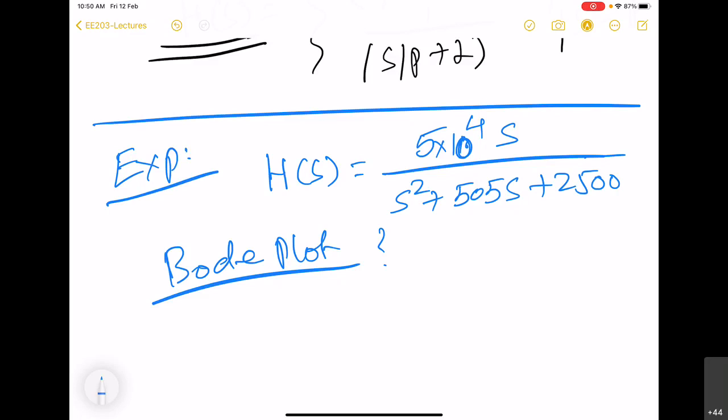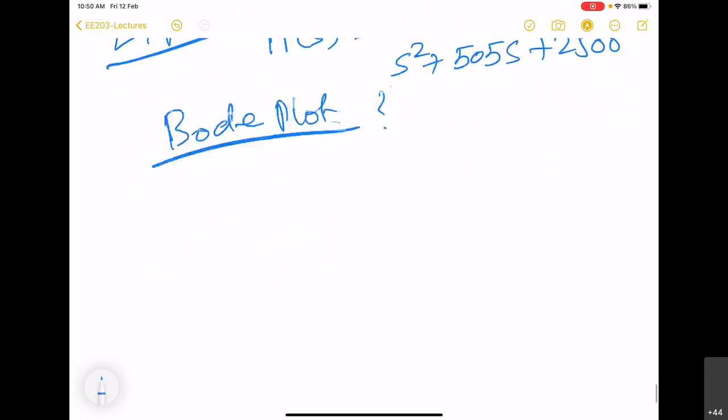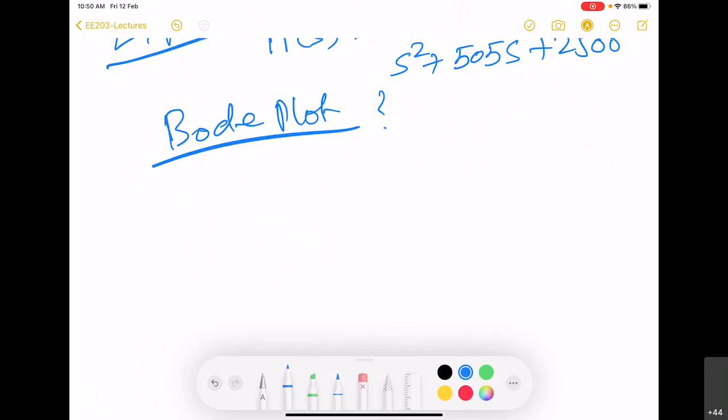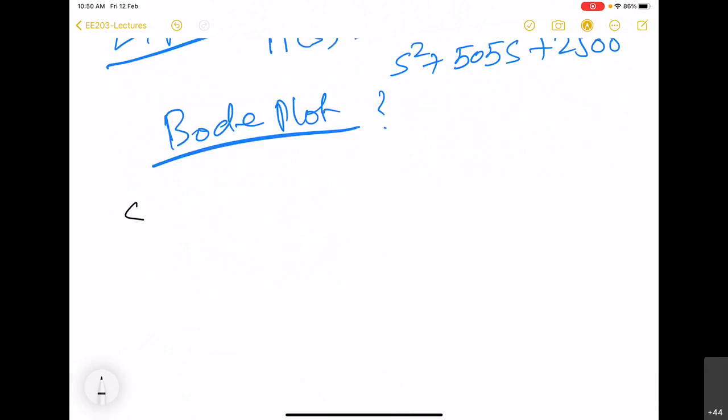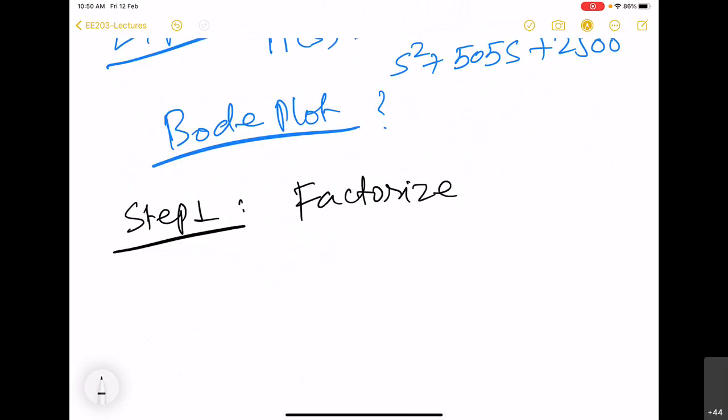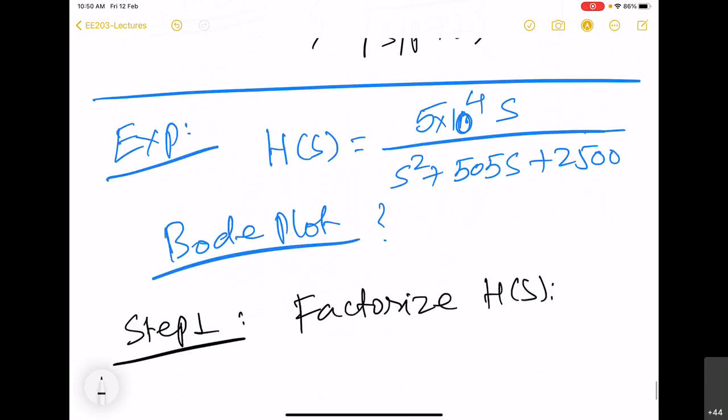So what we have to do in step 1, we have to factorize it. So we are now going to trace the various steps that we listed earlier. So we have to factorize. So numerator part is already easy, no need for factorization.